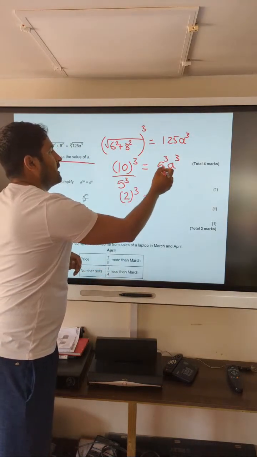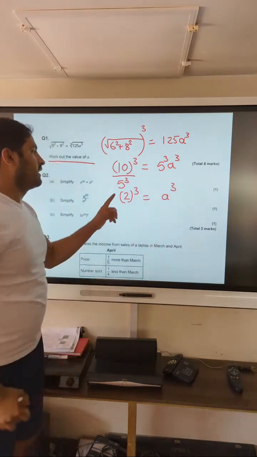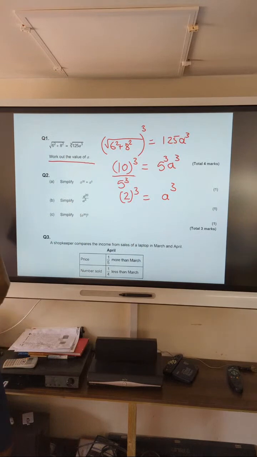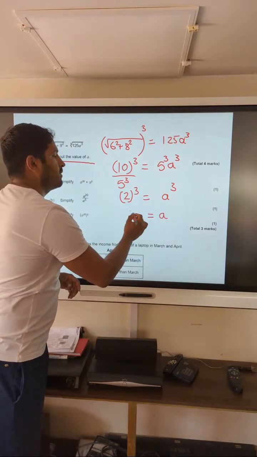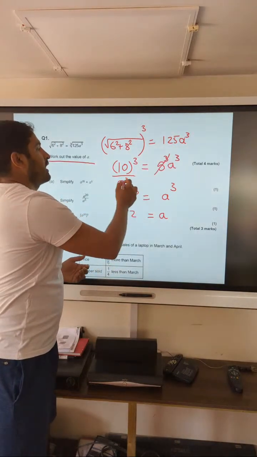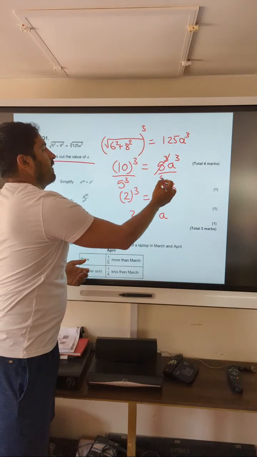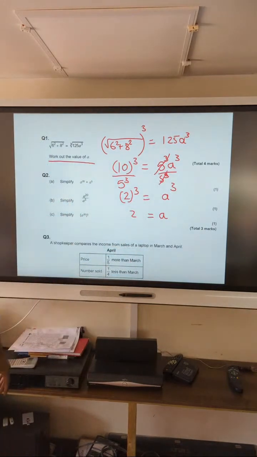On the other side, I divided by 5 cubed as well, so I'm left with a cubed. Now 2 cubed is exactly the same as a cubed, so a has to be equal to 2. In other words, I cube root both sides, those cancel with 5 cubed at the bottom. So a should be equal to 2.